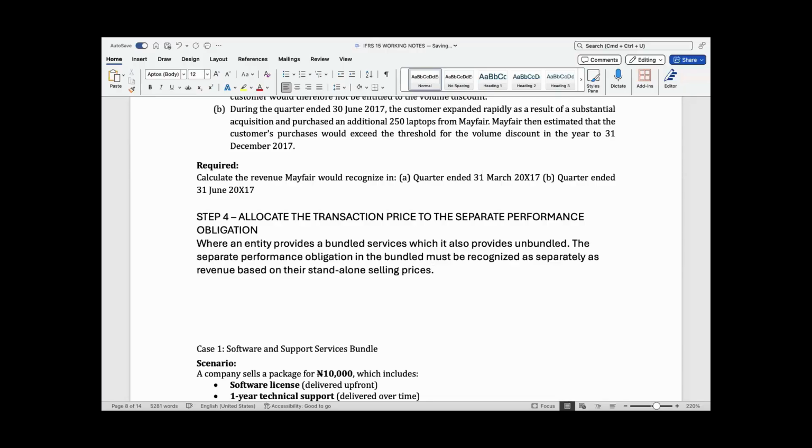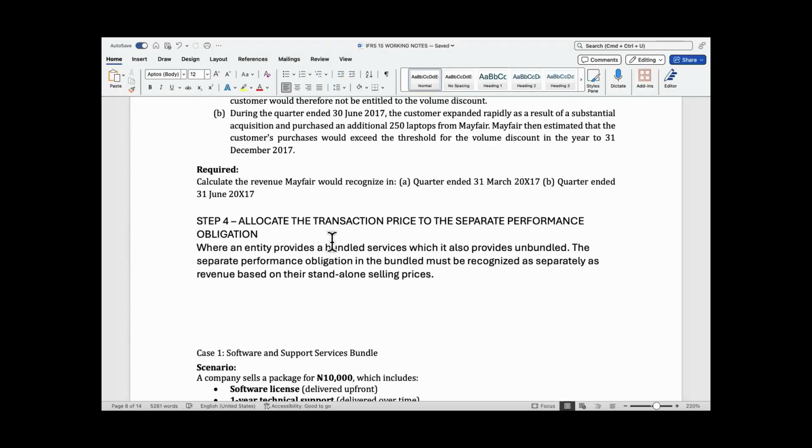So where an entity provides a bundled service, which it also provides unbundled, each of the services in the bundled services must be recognized separately as revenue based on their standalone selling prices.